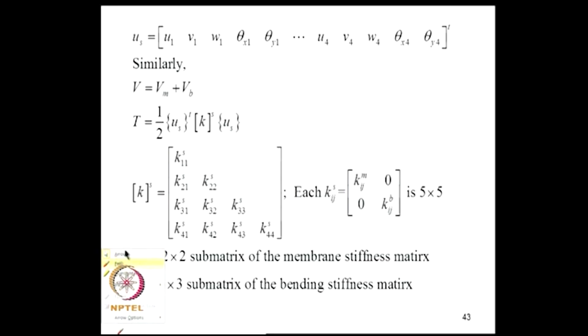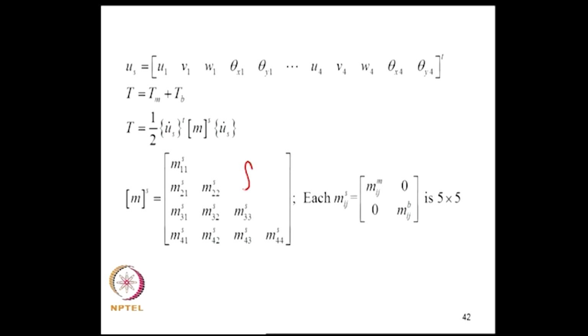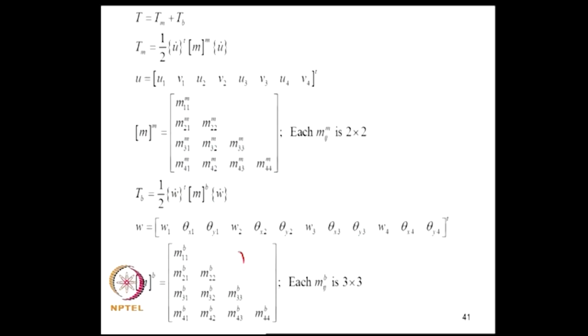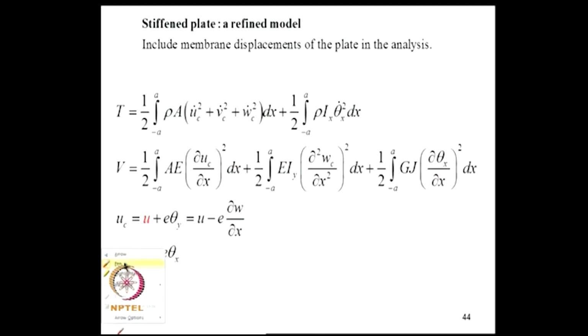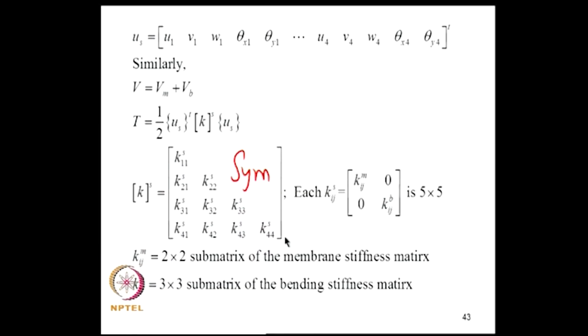All these matrices are symmetric. Now, we have derived the mass and stiffness matrix for the facet shell element.